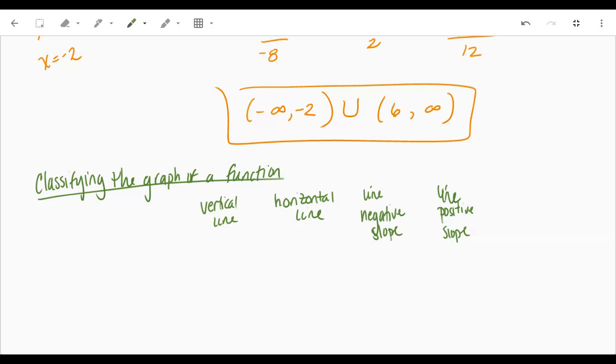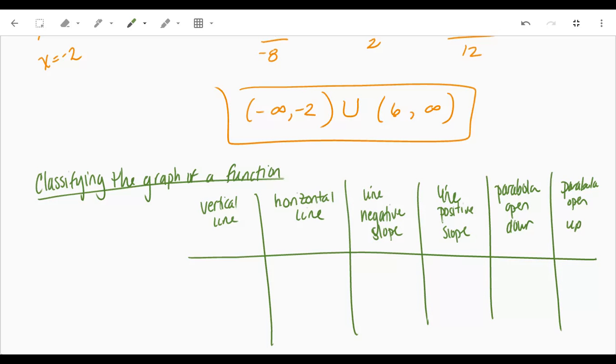It could be a parabola opening down. And it could be a parabola that opens up.